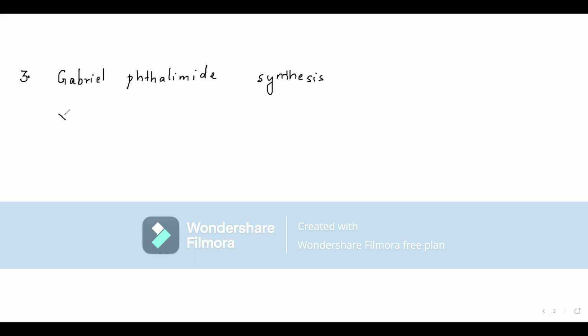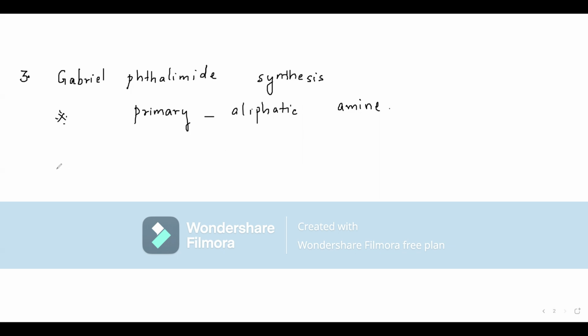Now, Gabriel phthalimide is for primary aliphatic amines. As in, your aniline cannot be prepared by this method. You can just prepare, as per syllabus, methanamine or ethanamine, primary aliphatic amines, or any primary aliphatic amine can be prepared, but not aromatic amine.